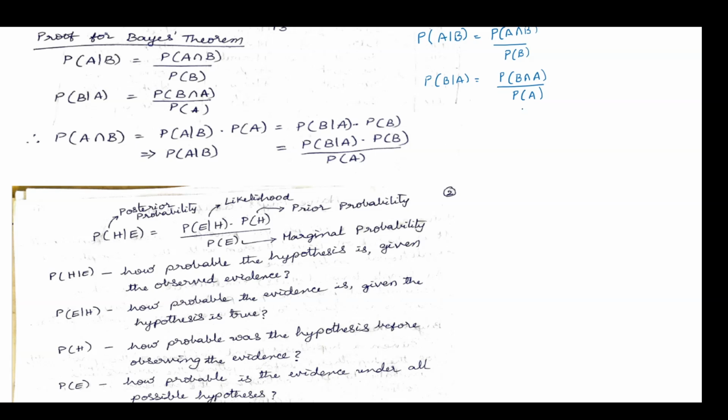Now we know that intersection of 2 events is commutative in nature, hence A intersection B evaluates to be equal to B intersection A. So the numerator in both cases is the same.